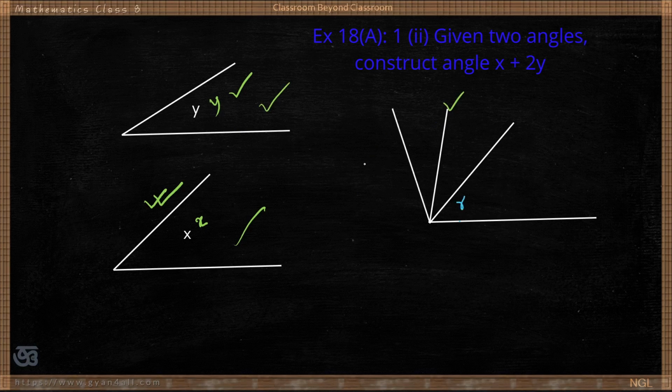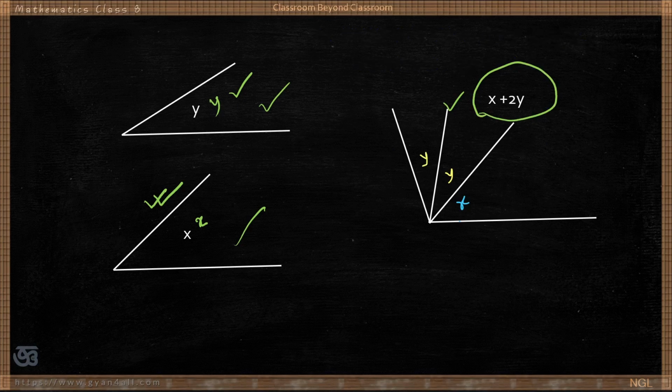So what we have done, angle x plus angle y plus angle y, so the total angle is x plus twice y. So this way we can combine angles, and we can use the method of construction of an angle equal to a given angle.